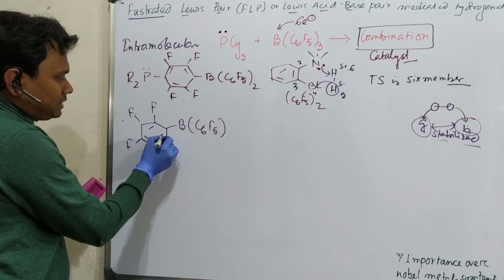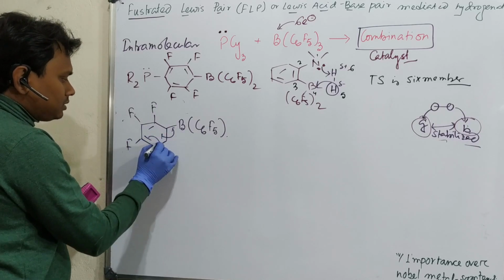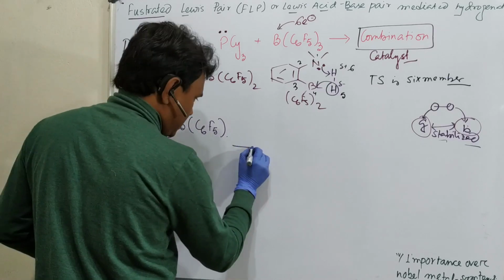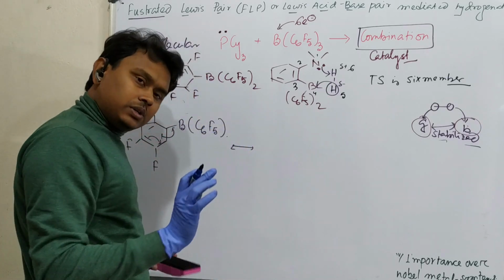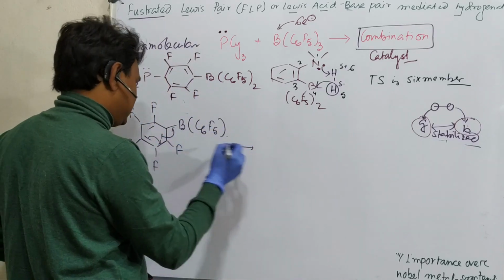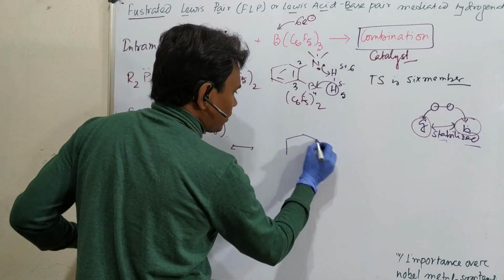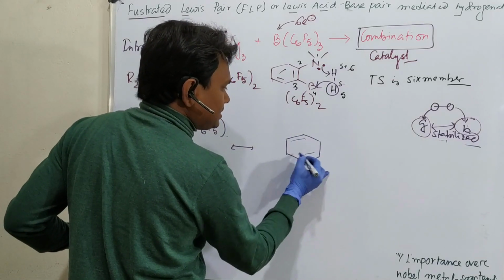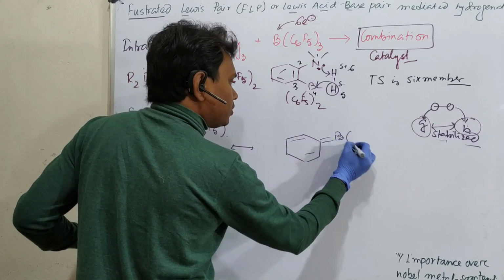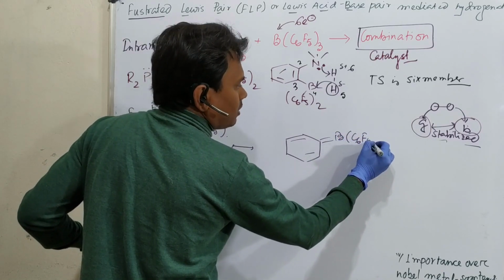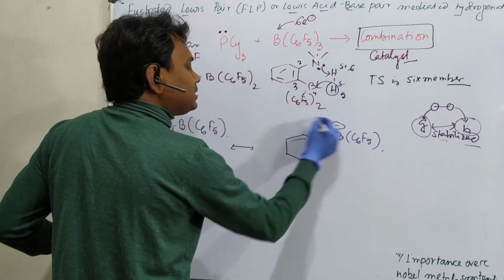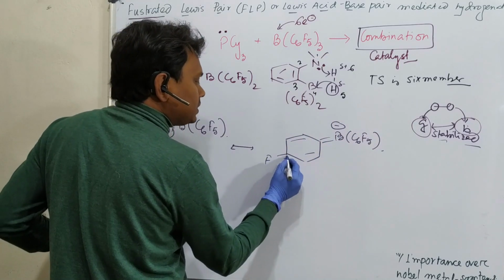So you can say that this can come here, this can come here. So what will be the canonical form? Other canonical forms are possible. I am just focusing on this canonical form. So this boron C6F5, this minus, and here fluorine this plus.